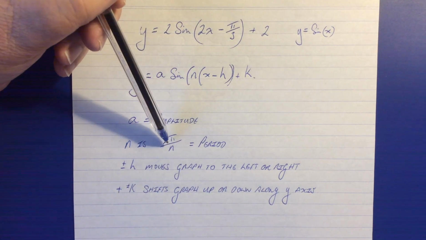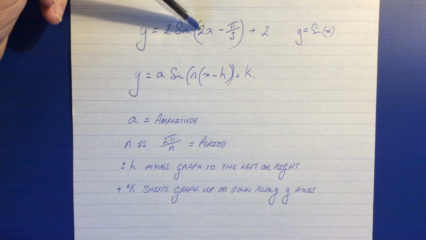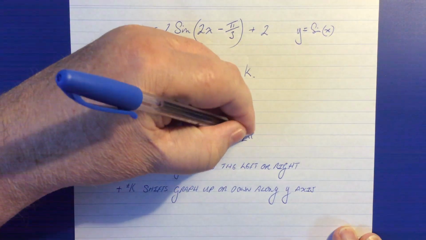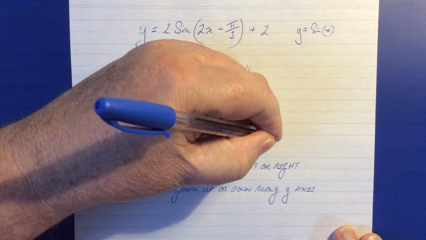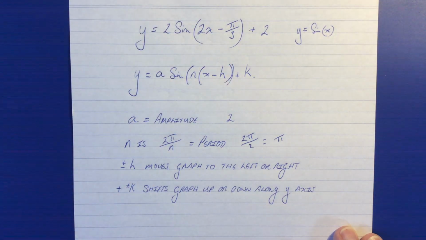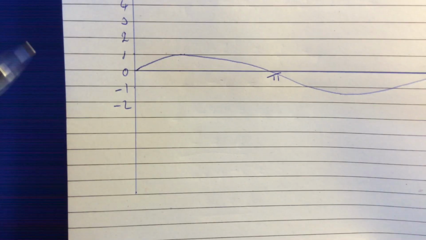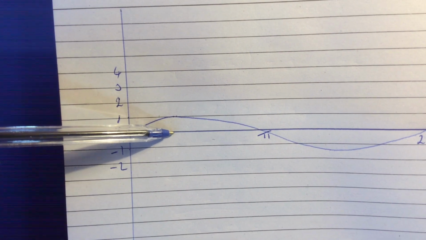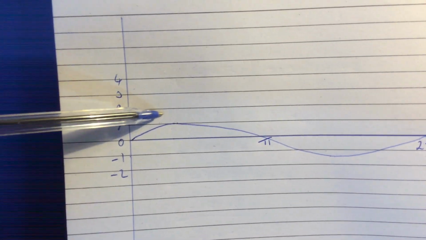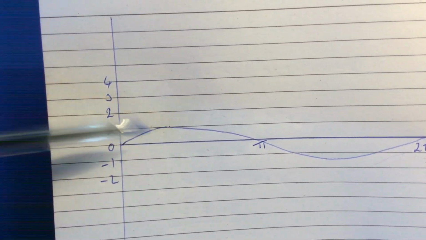If the period is 2 pi on n, we take this number and discover that the period is 2 pi on 2, which is simply pi. And while I'm at it, the amplitude here is 2, which means that instead of the distance between here and here being 1, it is in fact 2. So it would take this graph and stretch it away from the x-axis.